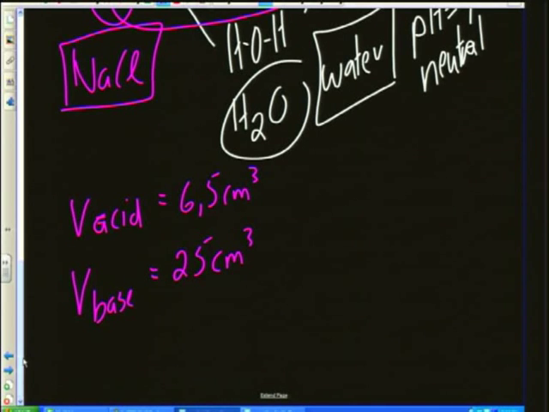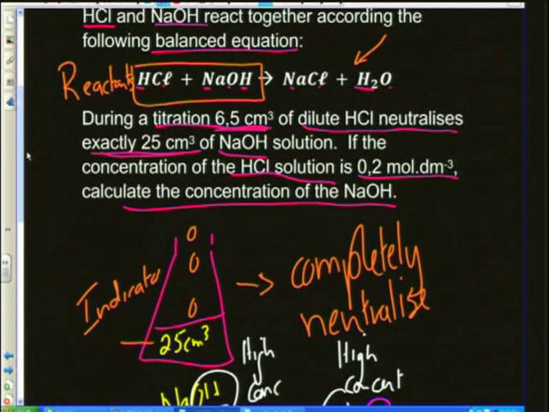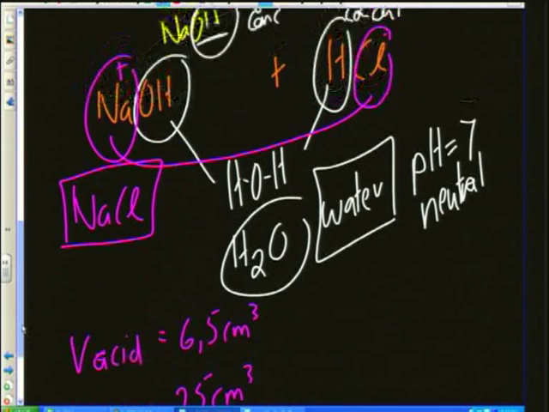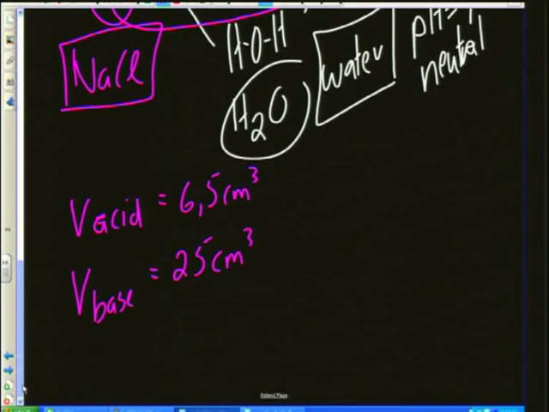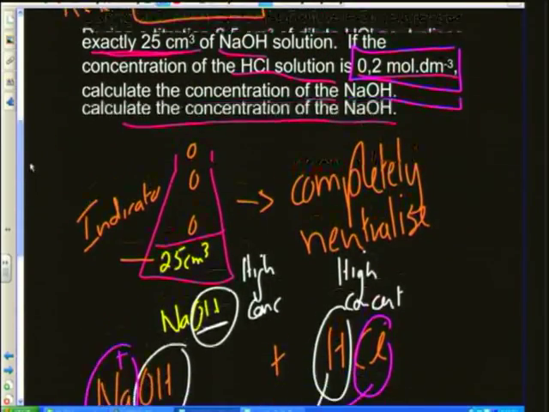The other thing that we are told is the concentration of the acid is 0.2 mole per decimeter cubed. So we know the concentration of the acid, HCl, is going to be equal to 0.2 mole per decimeter cubed. Just want to check that I've written that down correctly. I think I have 0.2. I don't want to make a mistake.